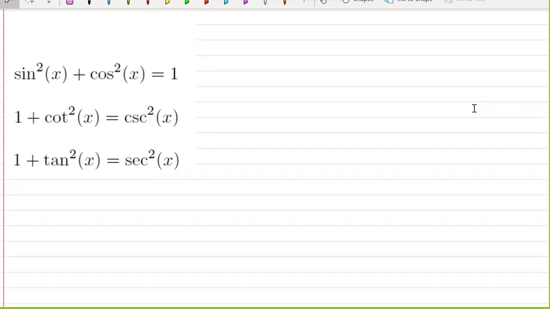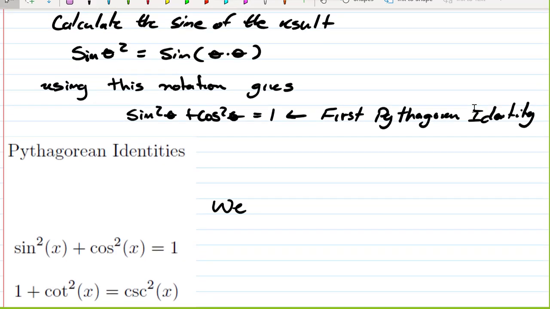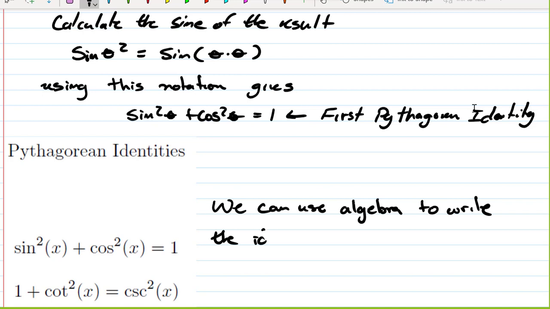So since these identities are equations that are true, that means I can use the properties of equations on these identities. So we can use algebra to write these in equivalent forms.